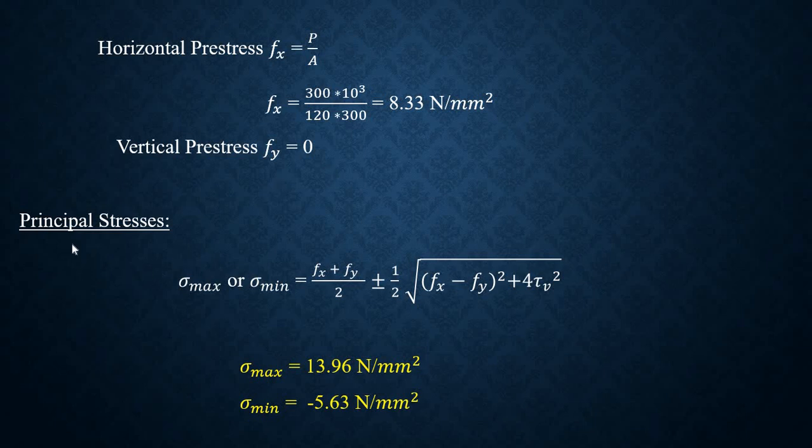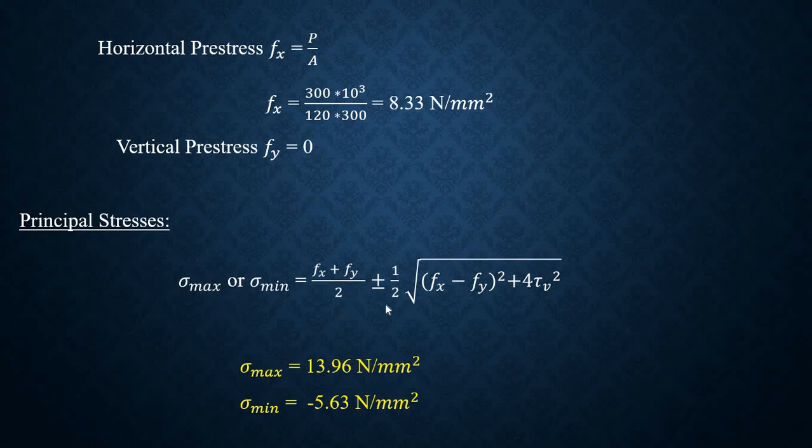And the final thing is principal stresses. The formula for principal stresses is sigma equal to (Fx plus Fy) by 2 plus or minus 1 by 2 whole root of (Fx minus Fy) whole square plus 4 into 2V square. Here I have written sigma max or sigma minimum. The formula is the same, (Fx plus Fy) by 2.